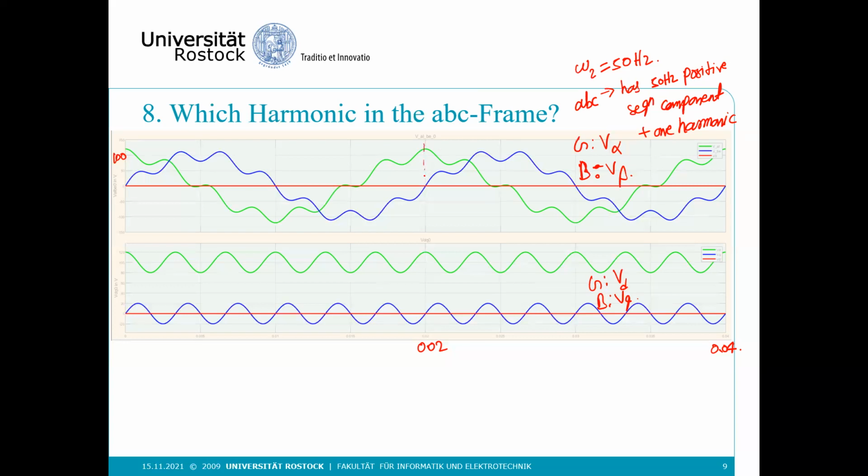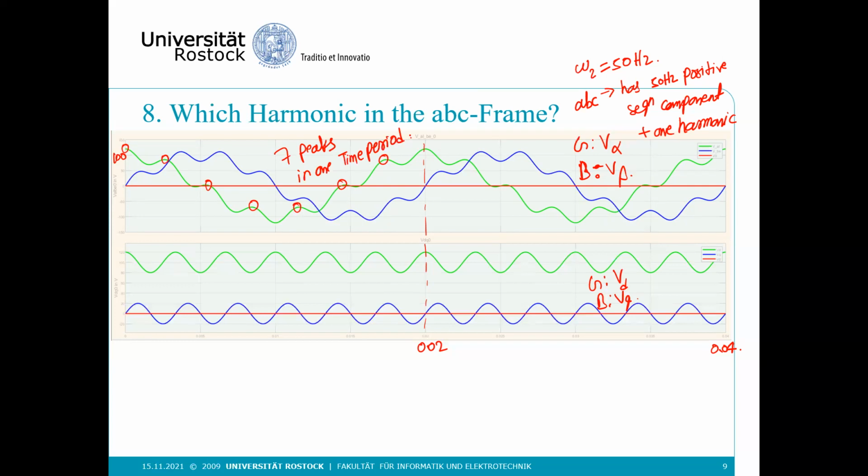So until here is one period. How many peaks do you see in the alpha beta now? You see 1, 2, 3, 4, 5, 6, 7. So it has 7 peaks in one time period.